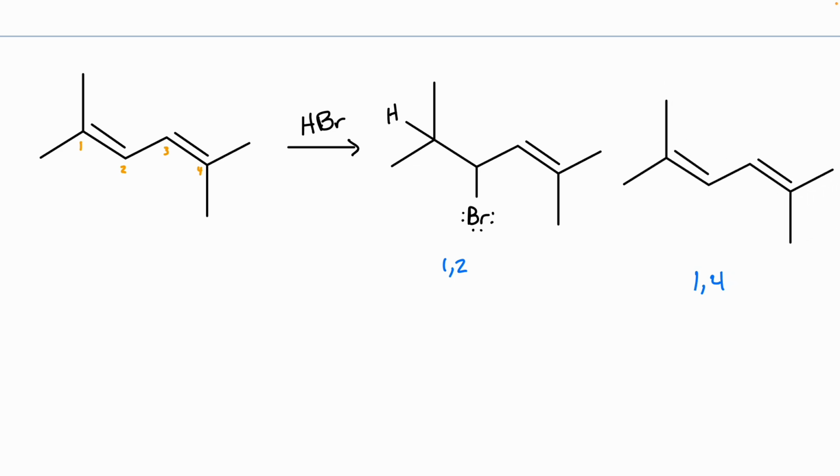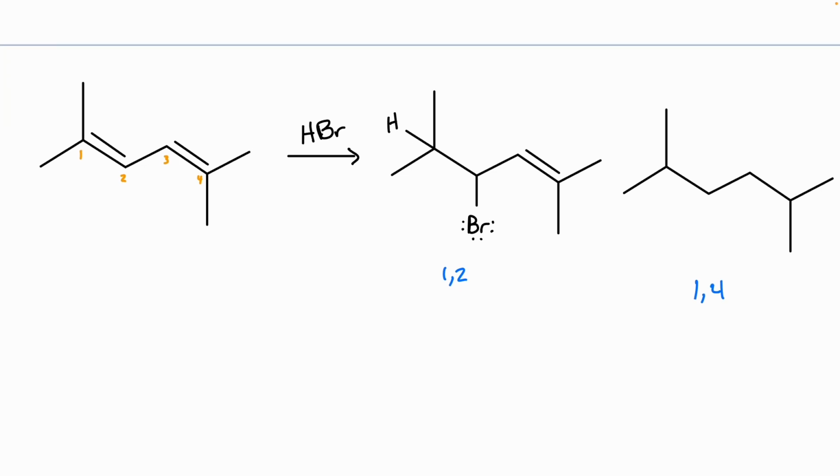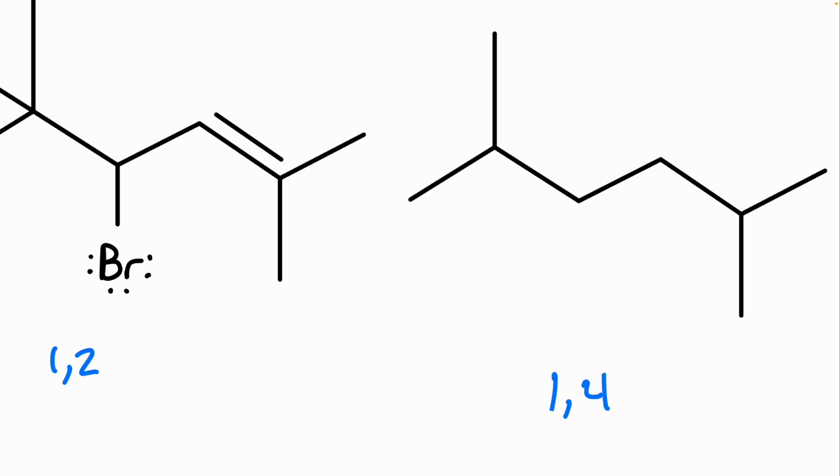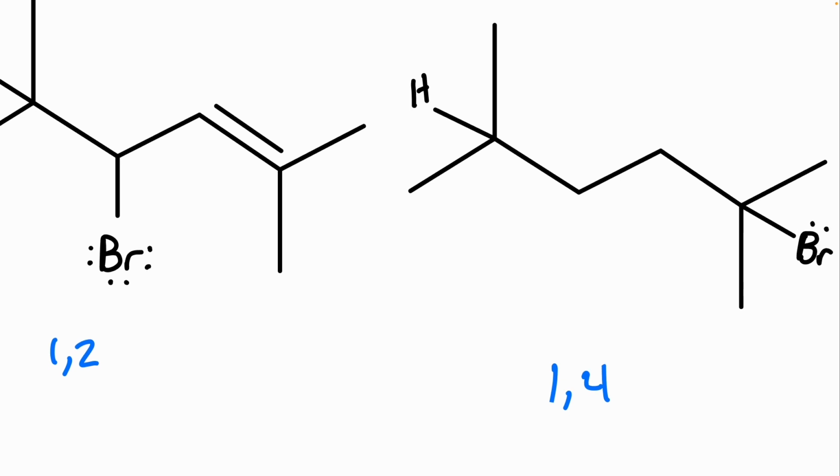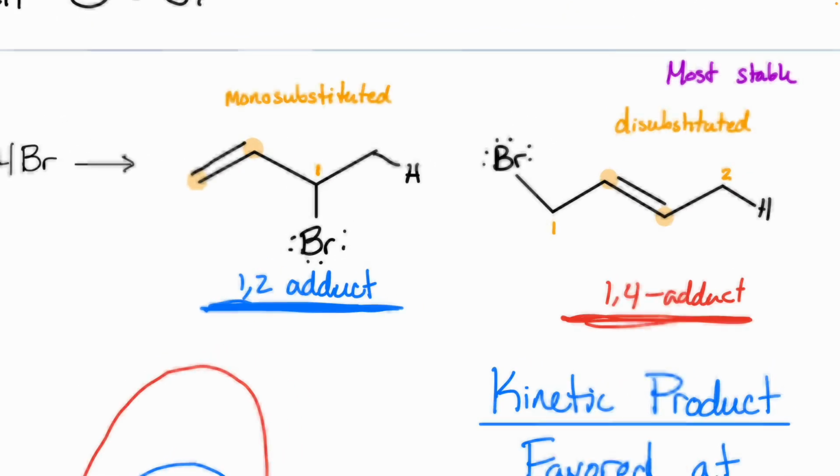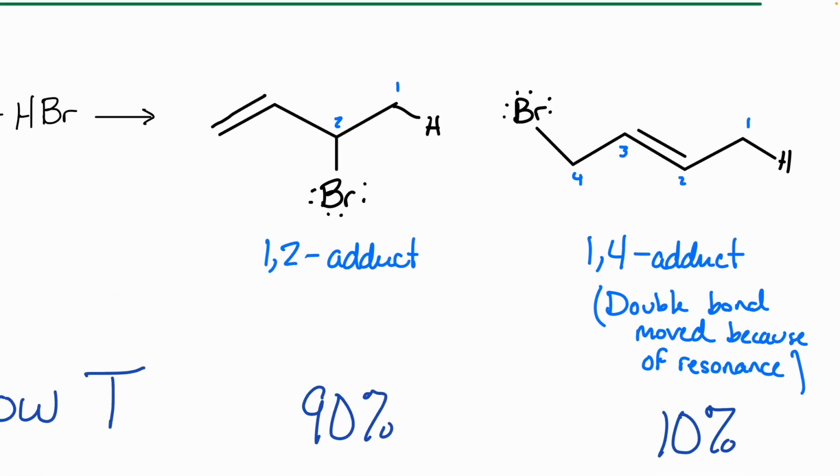But we also made note of what's formed when we do our 1,4 adduct. So let's just take this step by step. I'm going to add my hydrogen to carbon 1. My bromine is now all the way over here on carbon 4. But remember, in order for this to occur, we had to have this movement of our double bond because of resonance.